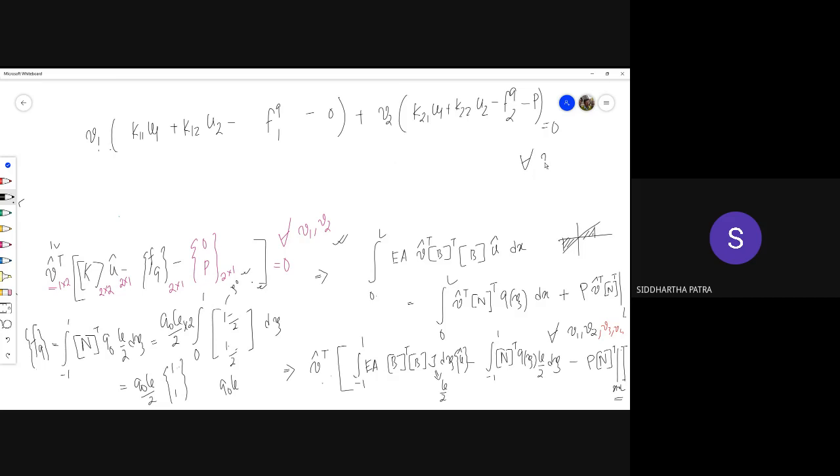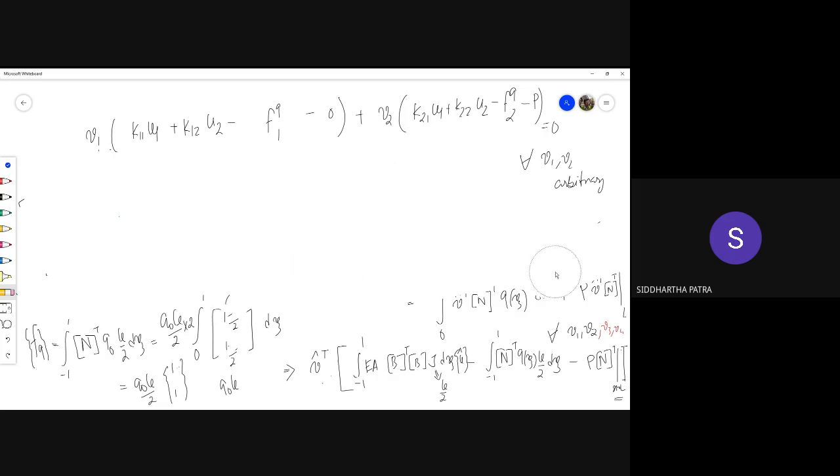And of that, V1 and V2 are arbitrary. That means you can randomly think that one of them is 0 and the other one is not. So for any possible V1 and V2, this should be true. The only way this is going to be true is if whatever is multiplying V1 and V2, those are actually 0.